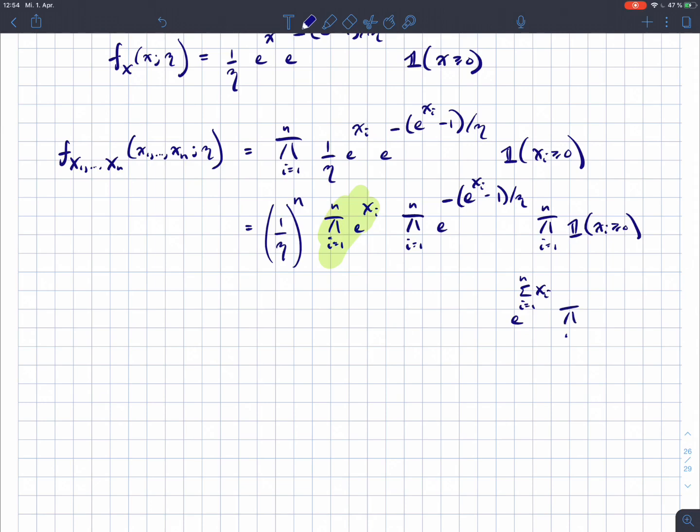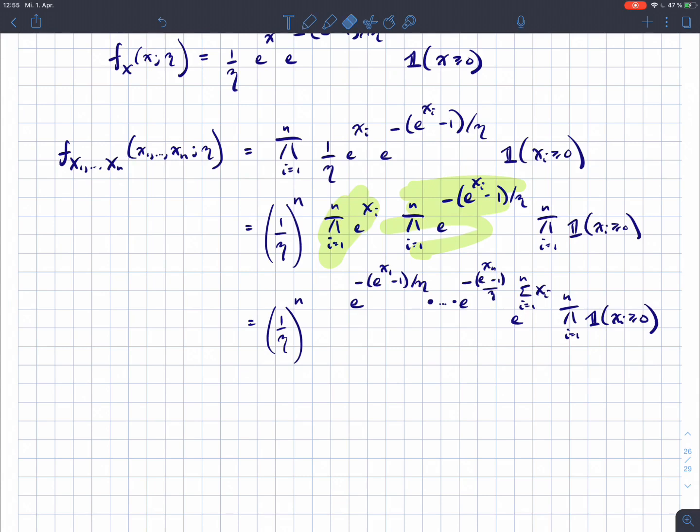And then I'm going to bring this product of the indicator functions down, like that, and bring this guy down. This thing is going to be like e raised to the minus e to the x1 minus 1 over eta times dot dot dot e to the minus e to the xn minus 1 over eta.